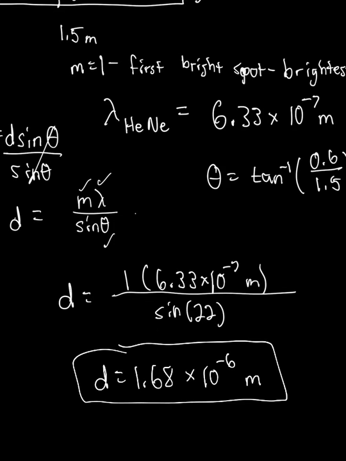Now if you go back later and you're studying, and you look at the back of the book, the back of the book gives you a different answer. Back of the book gives you D equals 1.58 times 10 to the negative 6. Who's right, book or me? Both are right.